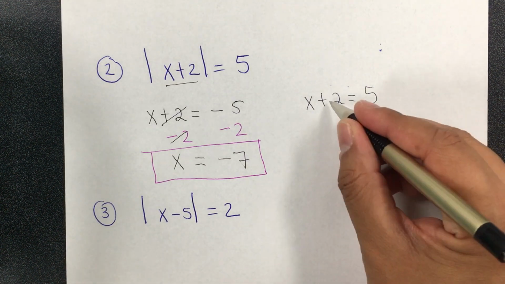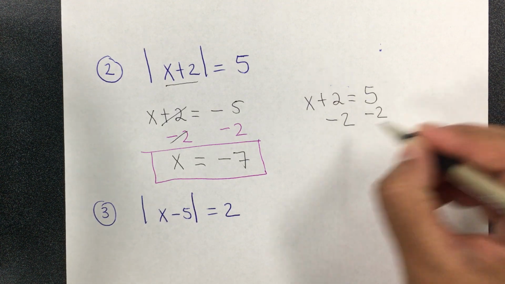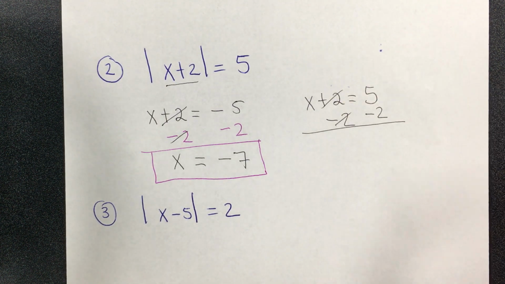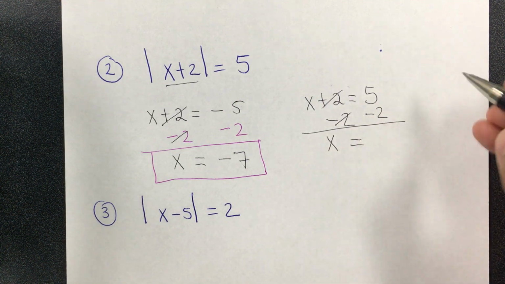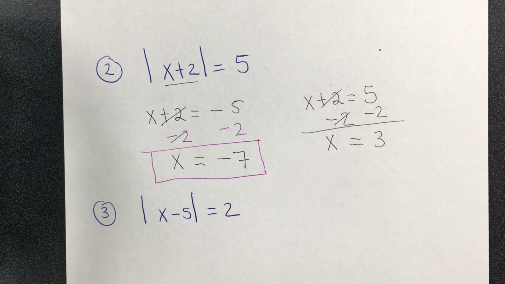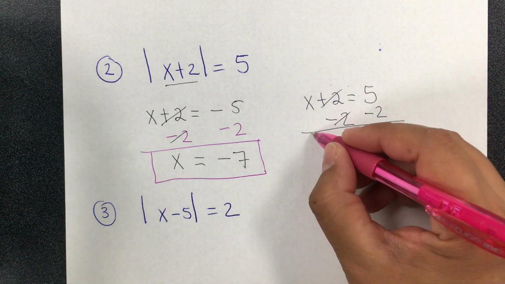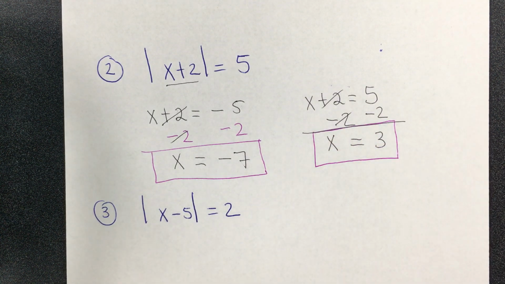On the other side, if we're adding 2, the opposite is to subtract 2. This cancels, and you get x equals 5 minus 2, 3. So that's the second possible answer for x.